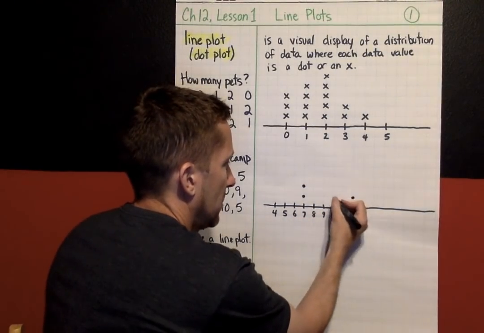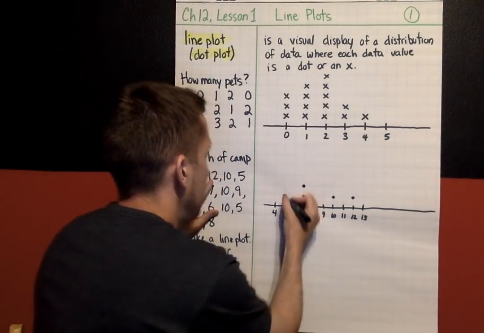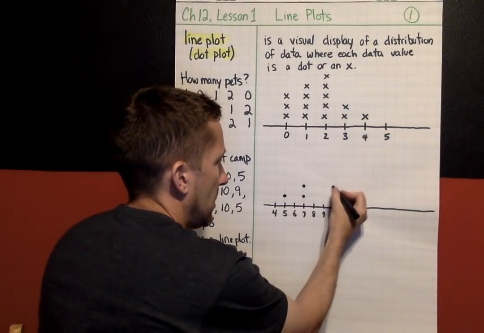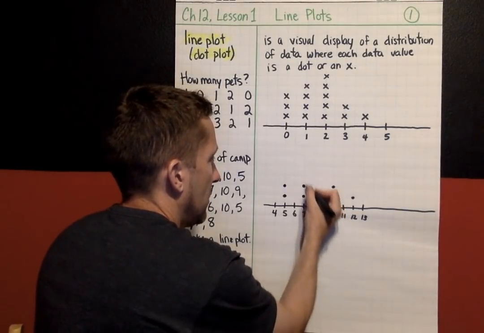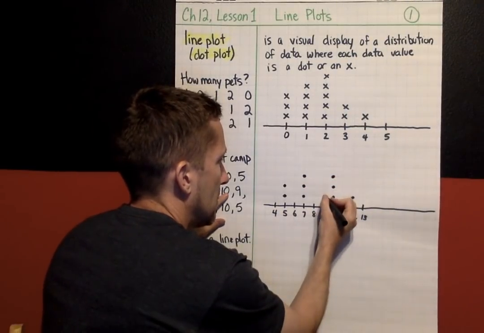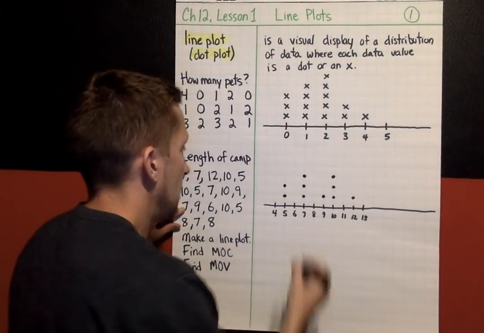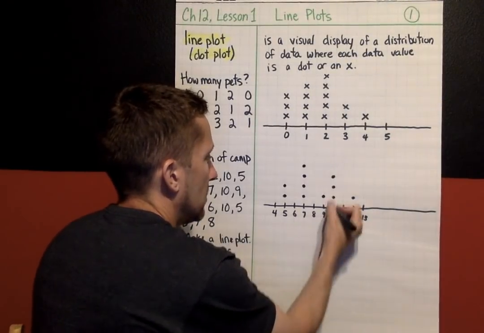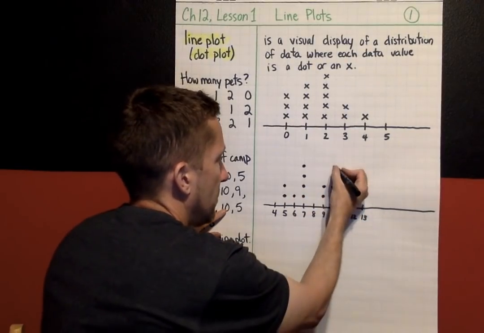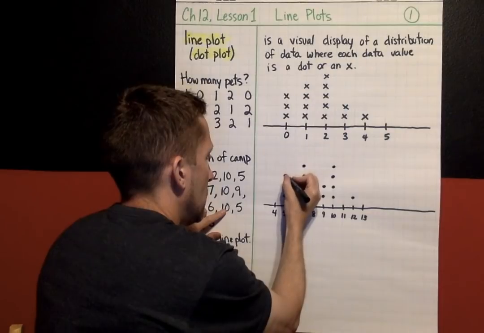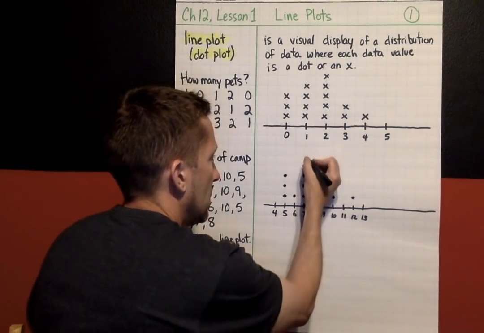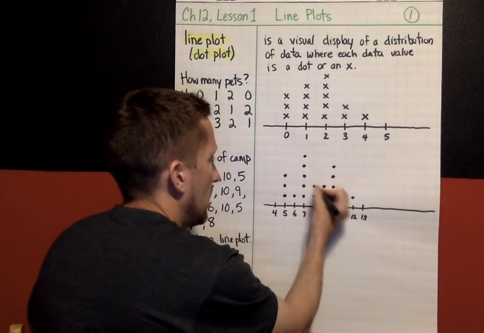So I've done this row. 10, 5, 7. 10, 9. 7, 9, 6. 10, 5. And 8, 7, 8.